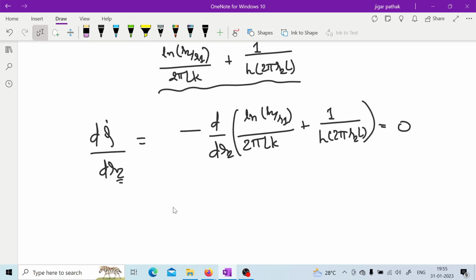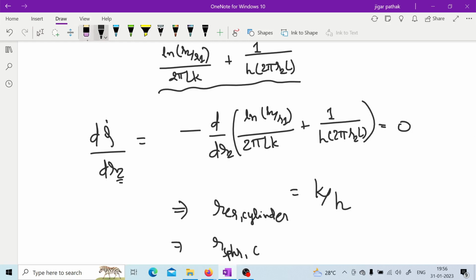If you do this, you will come to know that R critical for this cylinder is k by h, and for a spherical shape, R critical is given by 2k by h.